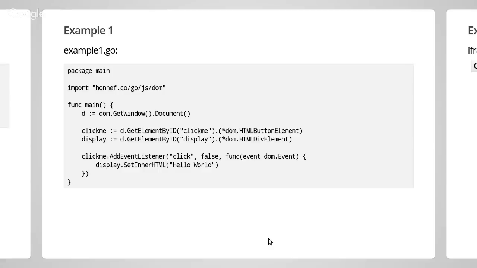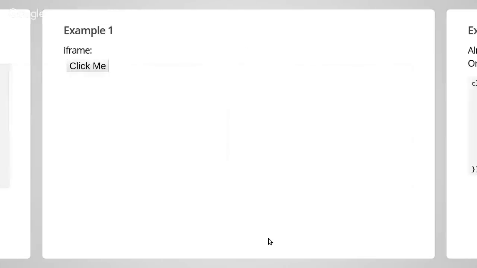The interesting part is because we transpile the code to JavaScript, and it's an HTML page. And the Go present tool, what I'm showing you right now, is HTML. This means I have included the example1.html as an iframe in this presentation, and I can show you the code live. So we have the click me button here. We can click it and we see hello world.